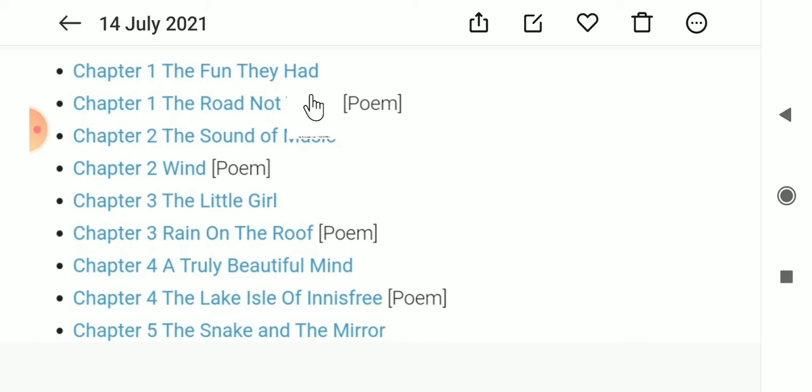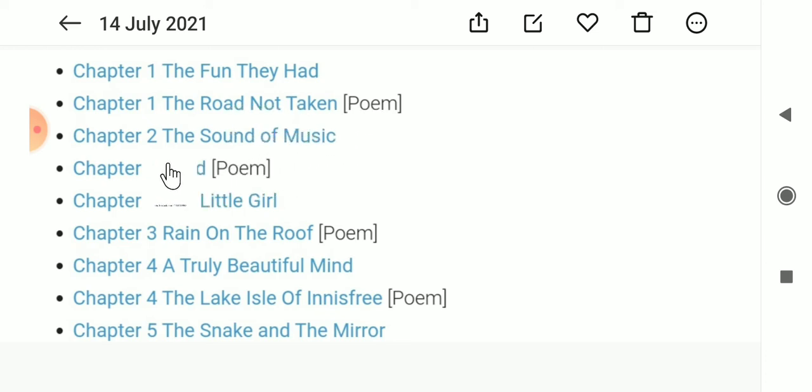Whatever we have that helps us enjoy is the fun they had. The Fun They Had is in chapter 1, and the chapter 1 poem is The Road Not Taken. So it is a poem based on chapter 1, The Road Not Taken.